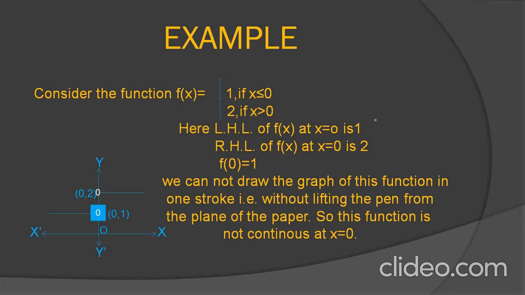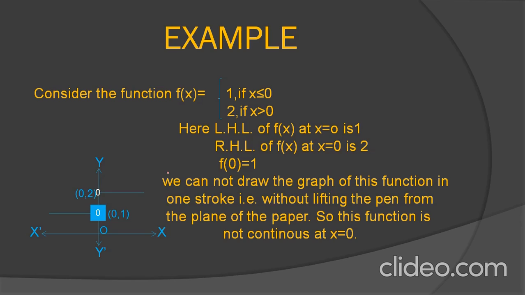What we conclude from this is that the left hand limit of the function is not equal to the right hand limit at x equal to 0. Also, the value of the function at x equal to 0 is 1, so the right hand limit of f of x at x equal to 0 is not equal to the value of the function at x equal to 0.